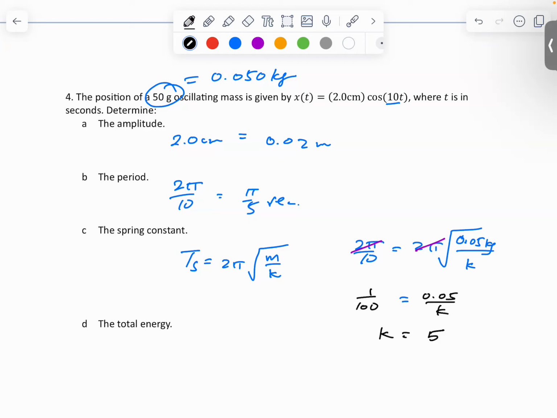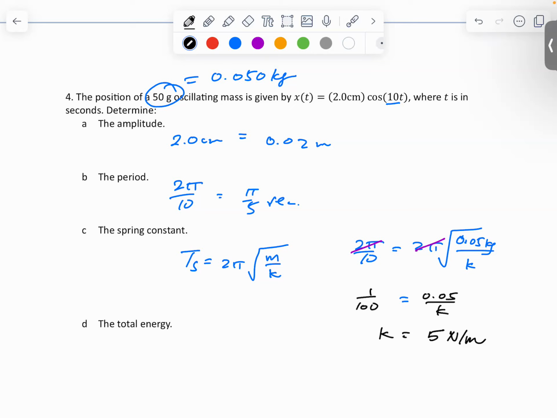Yeah, I kept the 2 pi over 10 instead of pi over 5 because the 2 pi could be canceled out really nicely. Okay, all right, so that's part C. Because that's what we had for the period, right? 2 pi over 10, that 10 is the b value. So instead of simplifying it and putting the simplified version on the left-hand side, I just kept the original 2 pi over 10 because I can cancel the 2 pi on both sides immediately.